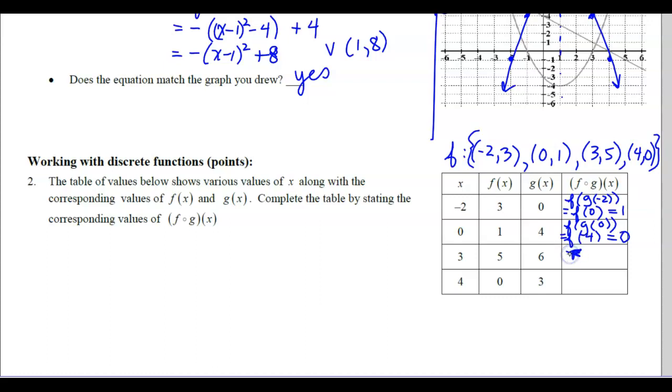F is weird. Okay, so then f of g of 3. So when x is 3, g is 6. So that's f of 6. What do we do now? Is there an x of 6 there? No. So this does not exist. The end.